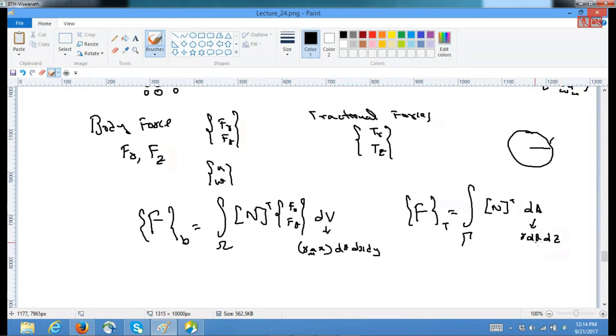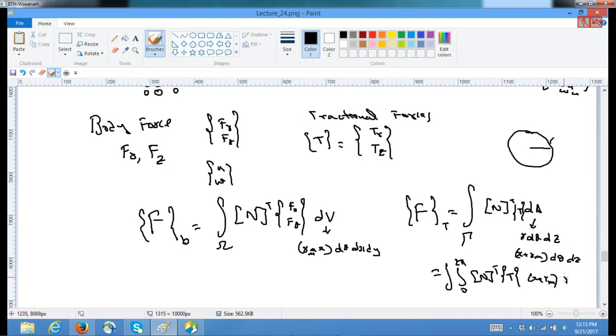So this would be a double integral from 0 to 2π of N transpose times the traction vector T times (Rm plus x) dθ dz, from 0 to whatever the height is.